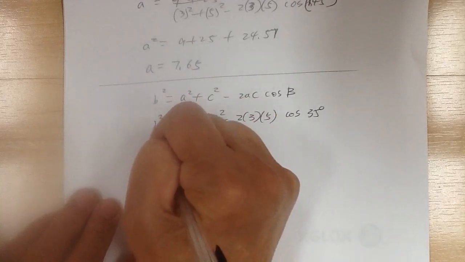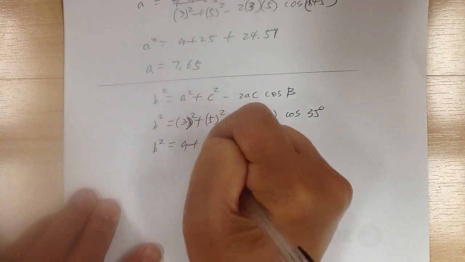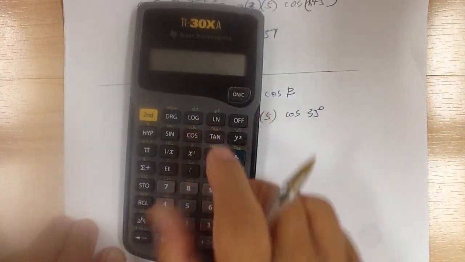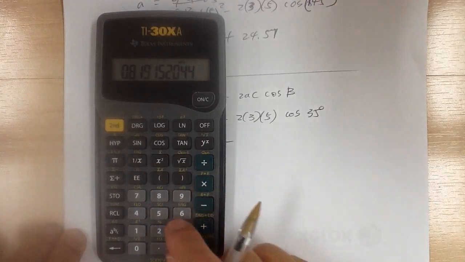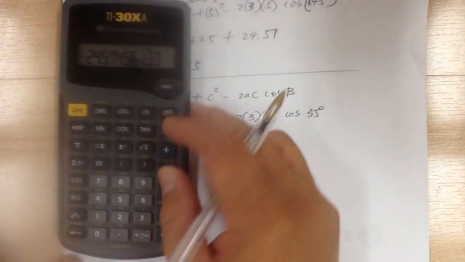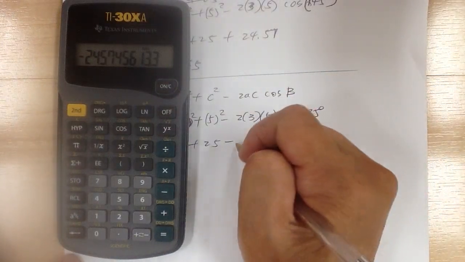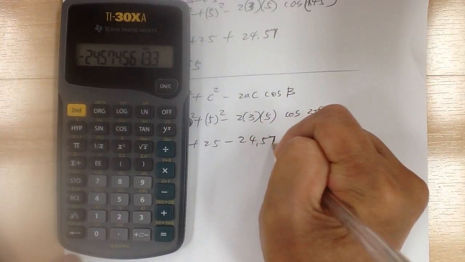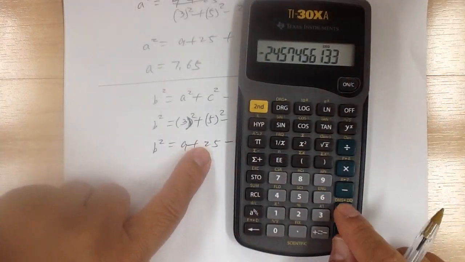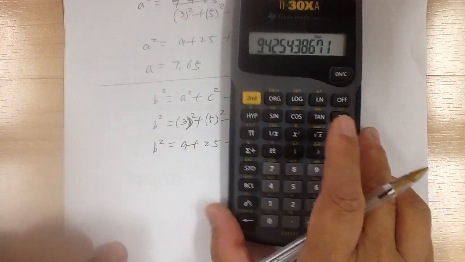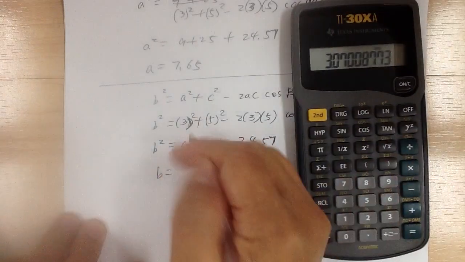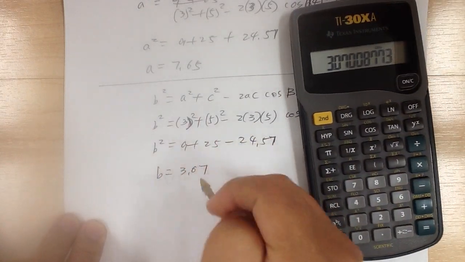So go and work everything out. So minus 24.57, and then plus 25 plus 9 equal, and you take the square root, so I get 3.07.